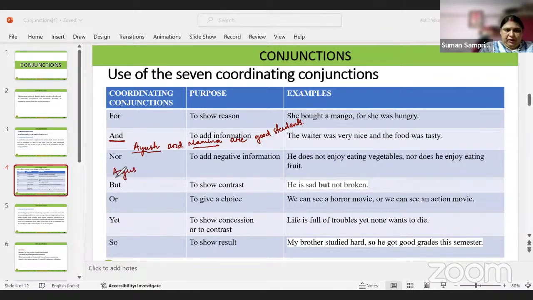Suppose I will write here, "Ayush is good at English and Momina is good at mathematics."